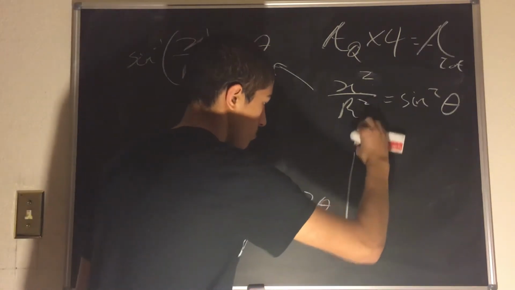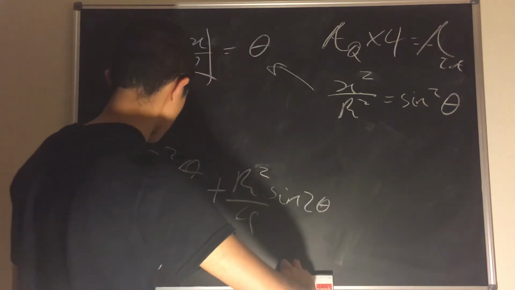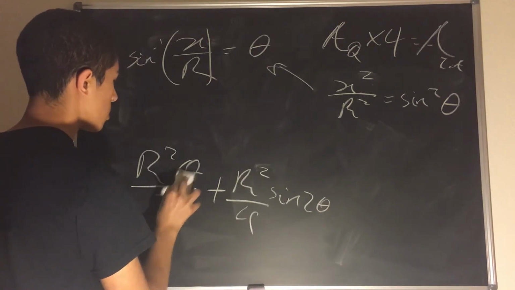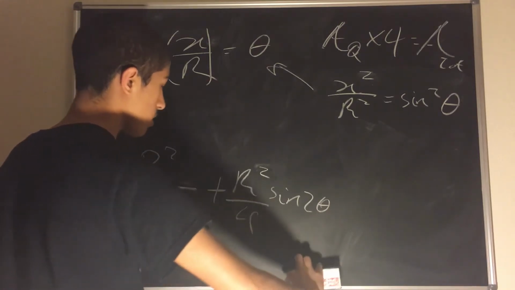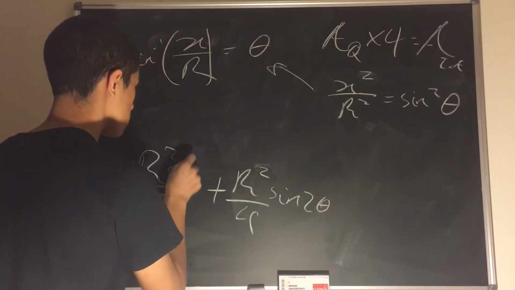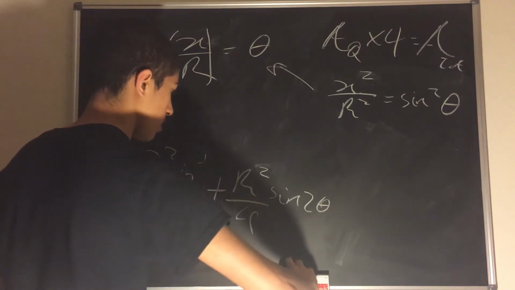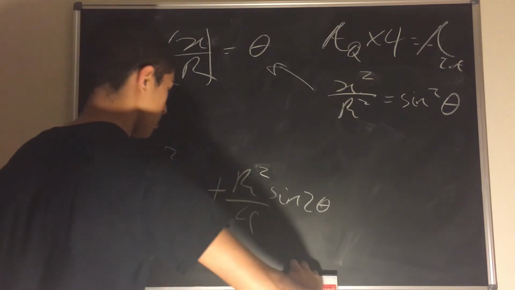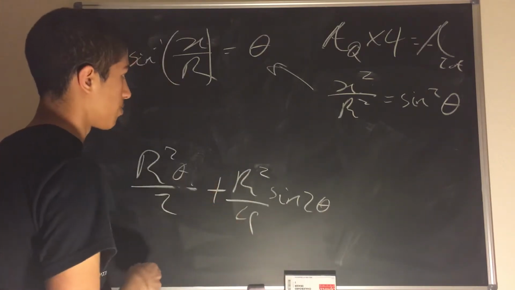So if we have r squared theta by 2, then if we plug in theta, we'll have r squared sine inverse of, let me keep this and simply rewrite it.